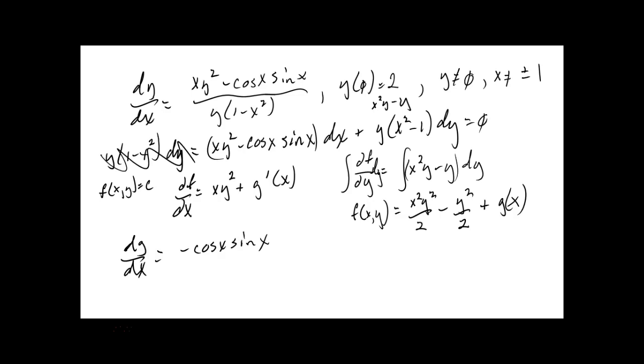Okay? And when we integrate this with respect to y, keeping the x as constant, that x squared just acts like a constant, and the integral of y will be y squared over 2, so x squared y squared over 2, minus, there's no x's in this, so it's just minus y squared over 2. But your constant of integration, because you're integrating with respect to y, could have an x in it.